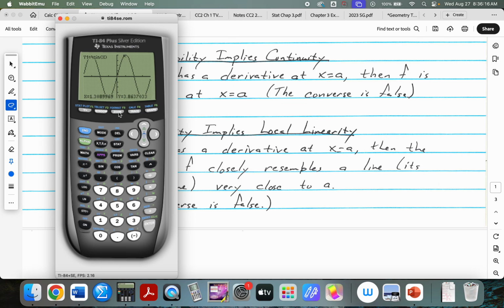Okay, so if we decided to zoom in at some point that's close to that, there's my axis, there's my graph, and I'm going to put it close to there and zoom in again, and again.